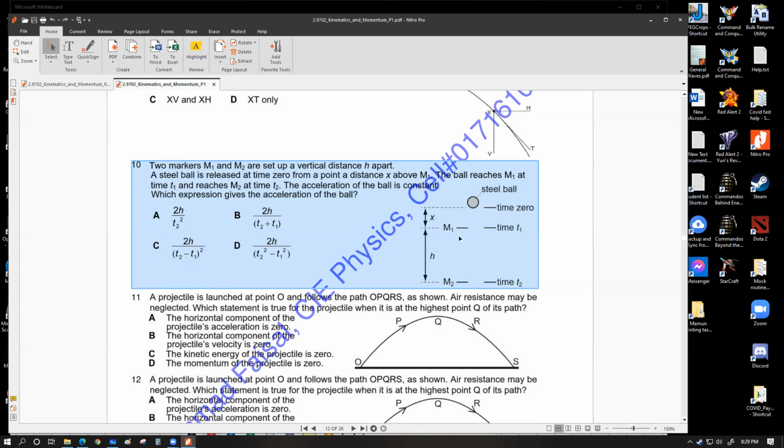They just look at the figure and apparently believe they have all the information. So they assume that the time it takes to fall through the x height is t1, and the time it takes to fall through h height is t2. That's not the case. The question told us very specifically that both of the times were amounts of time which we started to count at the instance of dropping the ball.